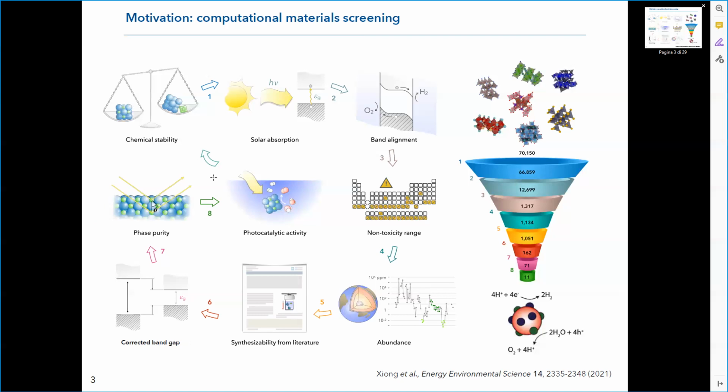And this is computationally more demanding than DFT because you need to do the linear response. But once you have that, then you can propose candidates that are synthesized by our colleagues, and then they can check and perform experiments on those compounds. And we obtain, I guess 6 of the 11 photocatalysts that we proposed were actually shown to produce hydrogen in this paper.